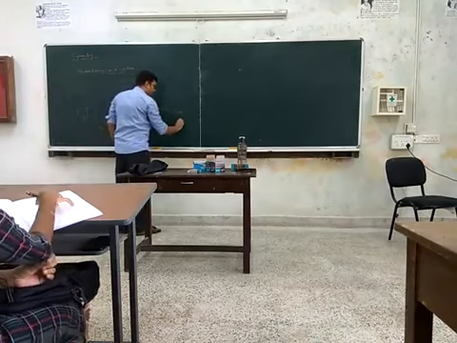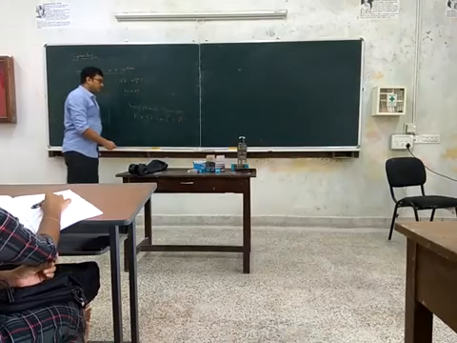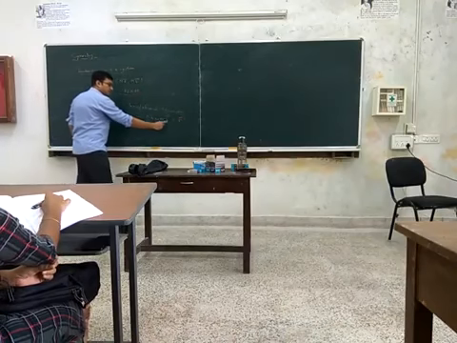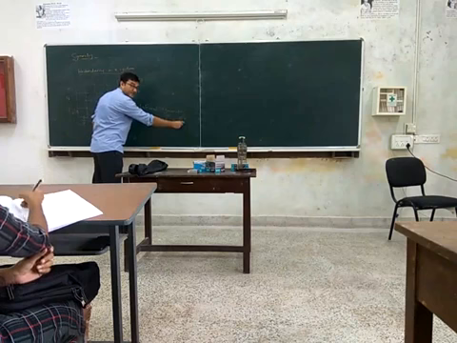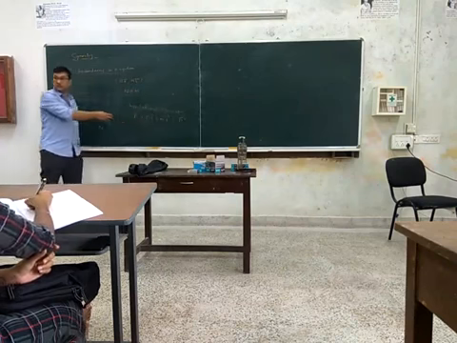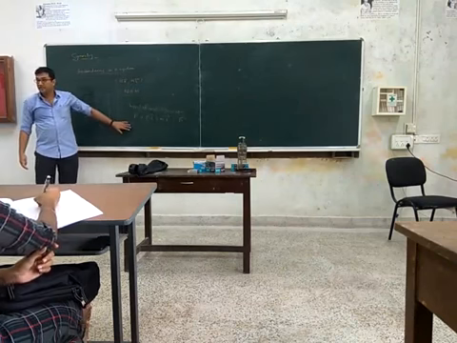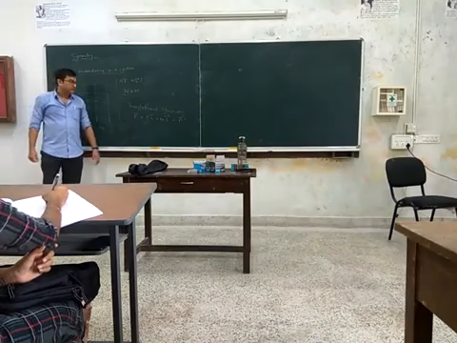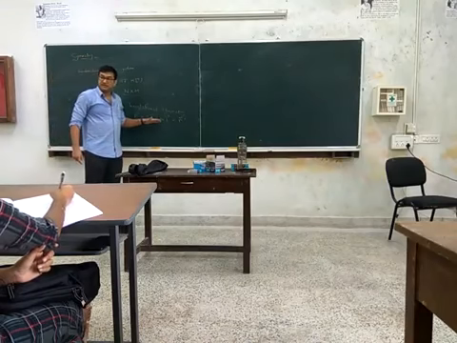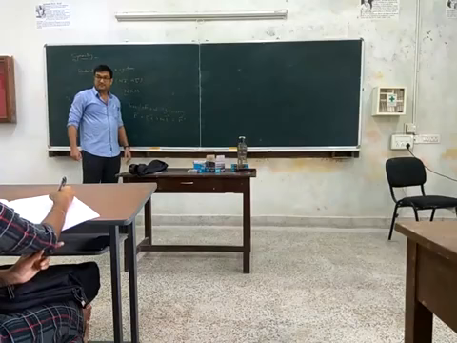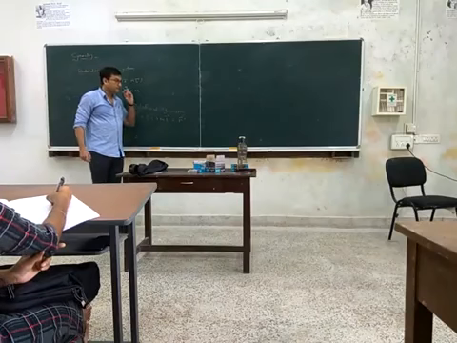Then the lattice at this point will look the same as it does at this point, right? So I have translational symmetry, right?